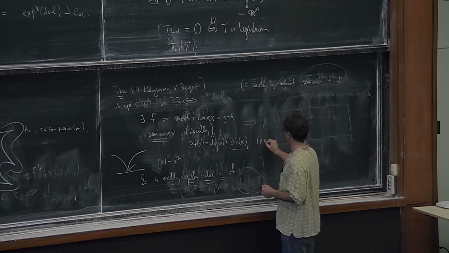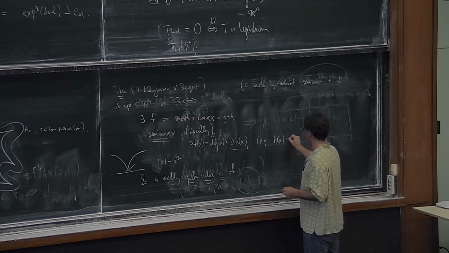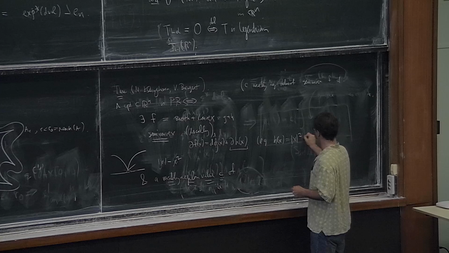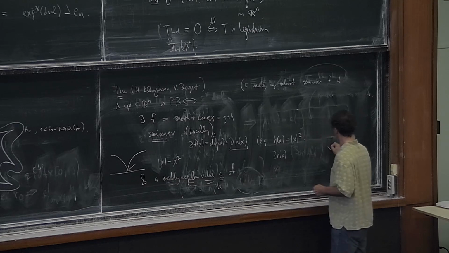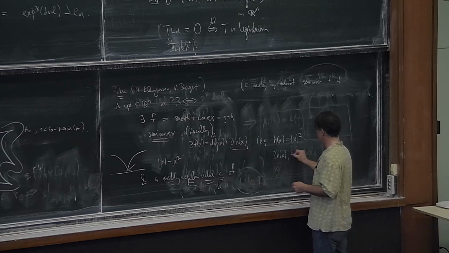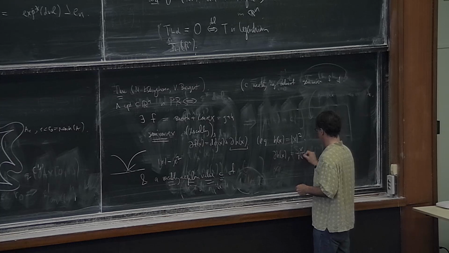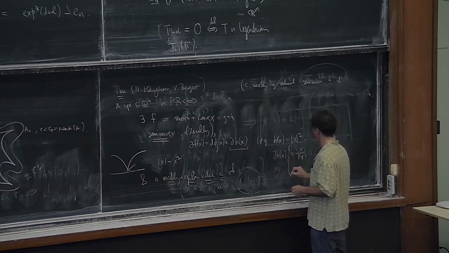For example, if h of x is the absolute value of x, then dh of x, if x isn't 0, is just the usual derivative, the usual gradient.